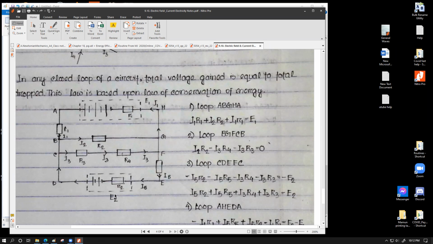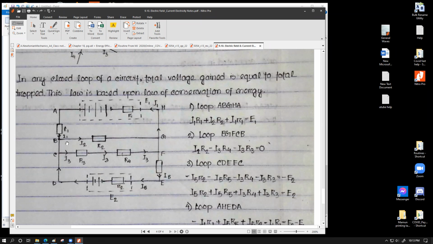What would be the preferred direction of this loop? Should this loop produce a current clockwise or anti-clockwise? Exclusively the source. Clockwise. So the battery itself should try to produce a current clockwise, but the loop was considered anti-clockwise. That's why this is minus.